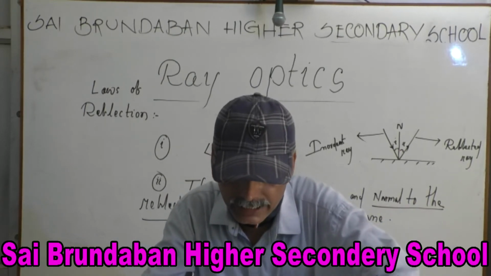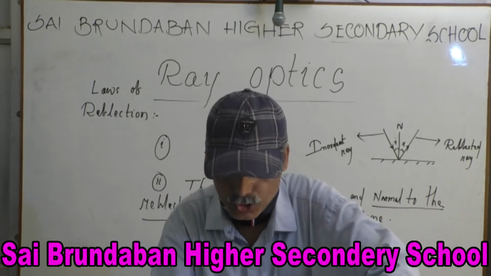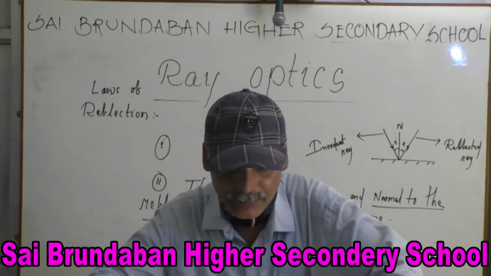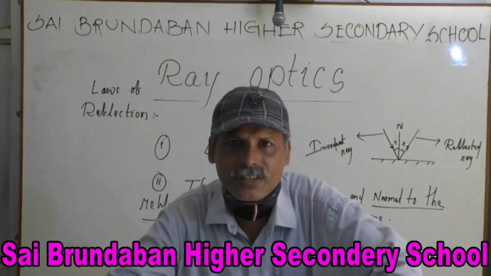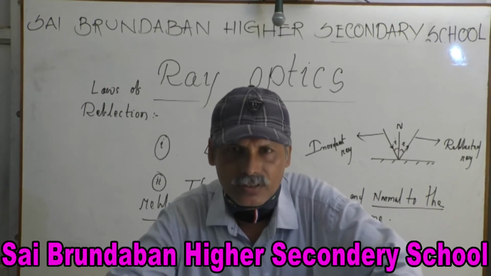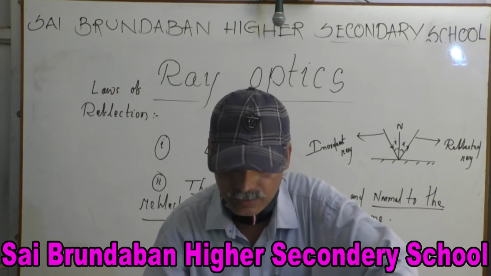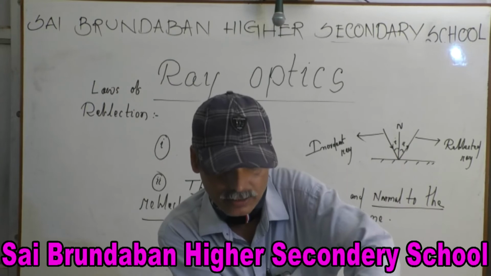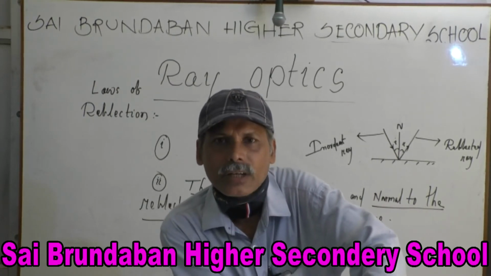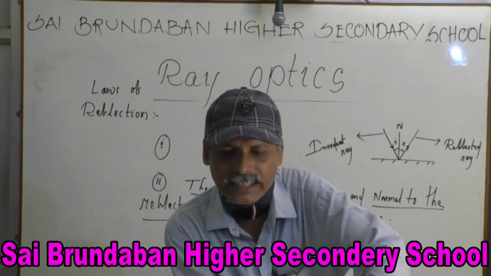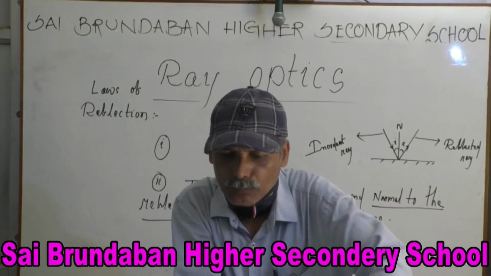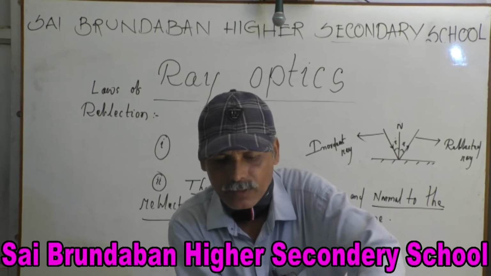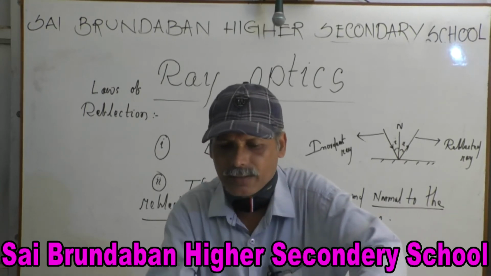The incident ray propagates and hits the reflecting surface, the plane mirror, and the reflected ray moves away from the reflecting surface in this direction.